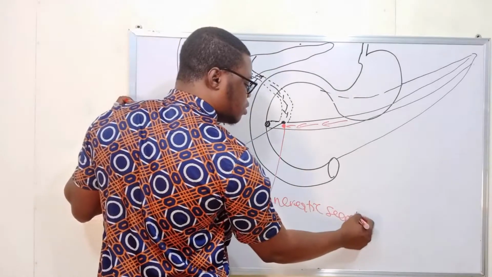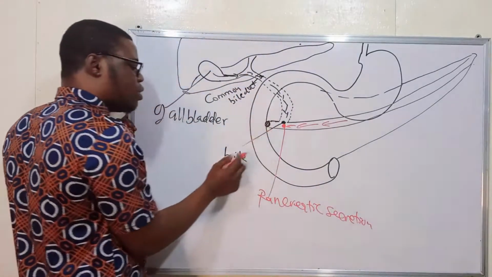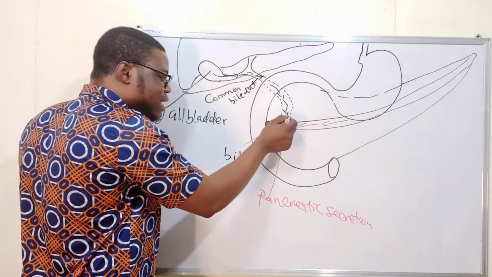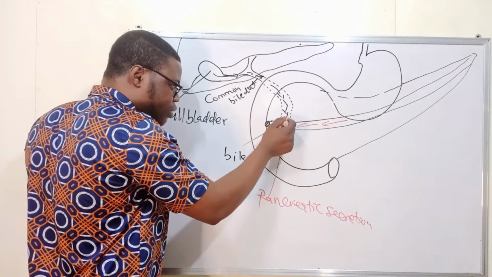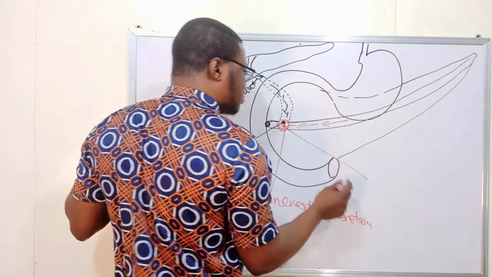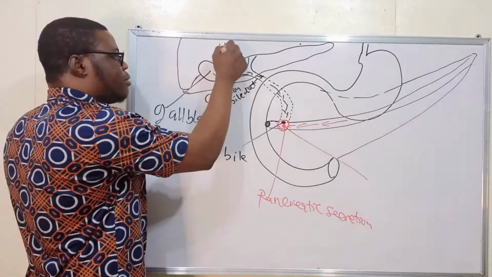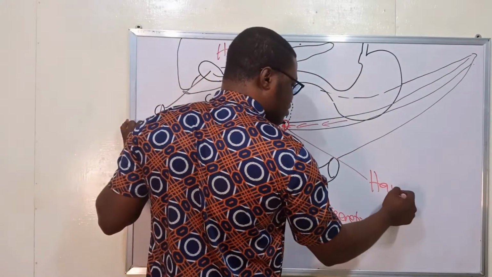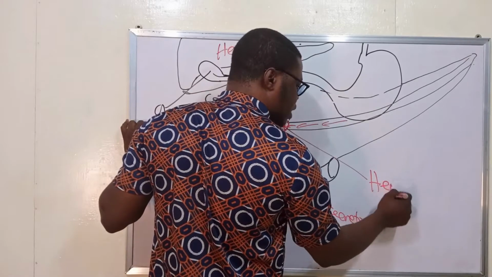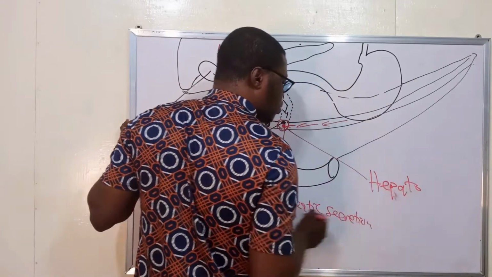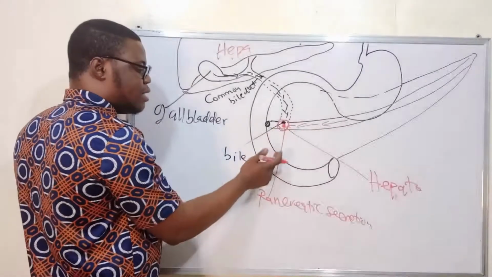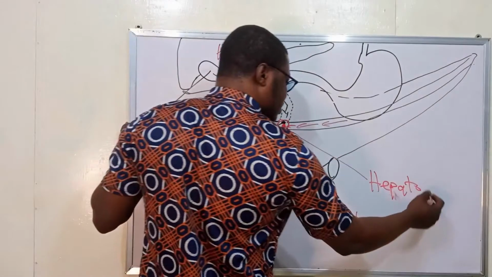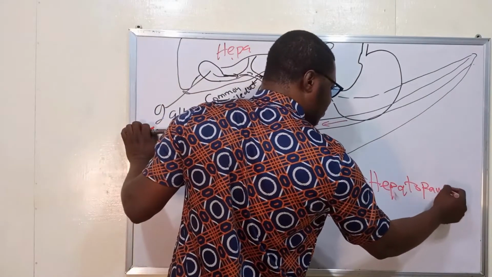So the pancreatic secretion and the bile, they meet at this junction. And this junction is called, because it's coming from the liver, and liver anatomically means hepa, so this junction is called hepato. Now, because this is the secretion of the pancreas, they used to call this hepatopancreatic.